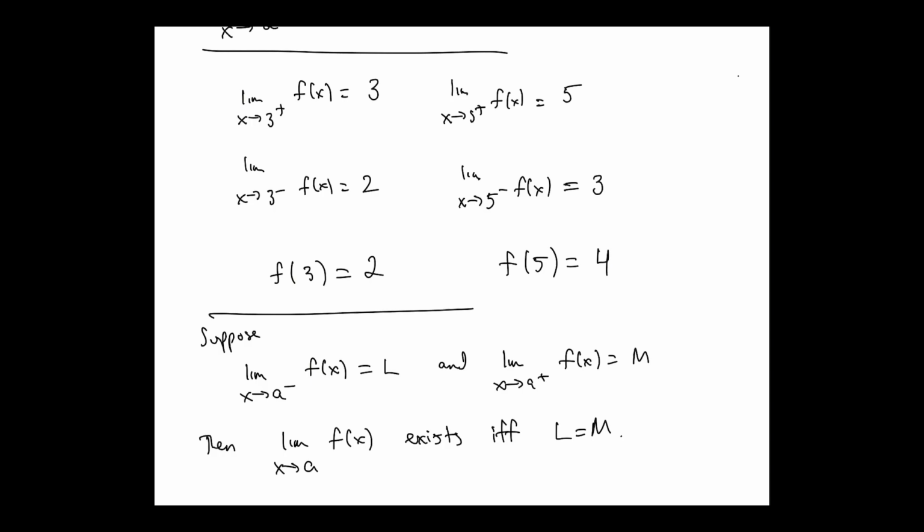Can you find a window around the x value that you're approaching so that if you're within that small quantity of that x value, you're guaranteed to land in this box? If so, for no matter what tiny number you pick, the limit exists. And if not, it doesn't.